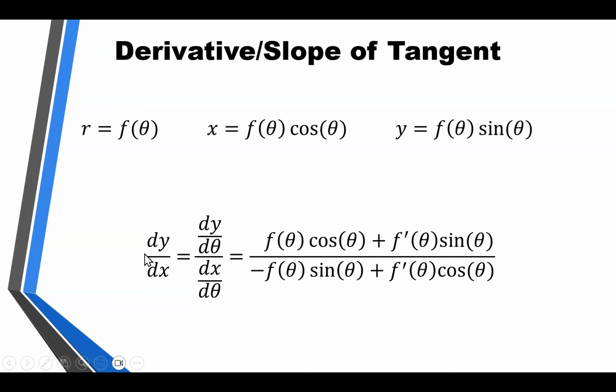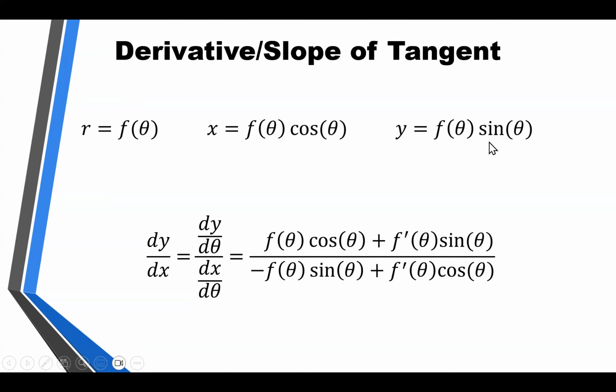Now, the derivative of y with respect to x, that is the standard derivative in rectangular form, which gives us the slope of the tangent line, is like change in y divided by change in x. And therefore, we can take a derivative of y with respect to theta and divide by derivative of x with respect to theta.